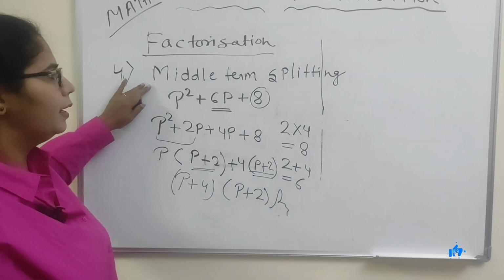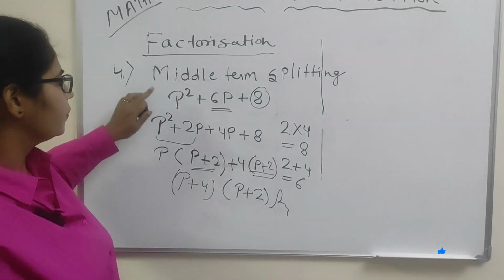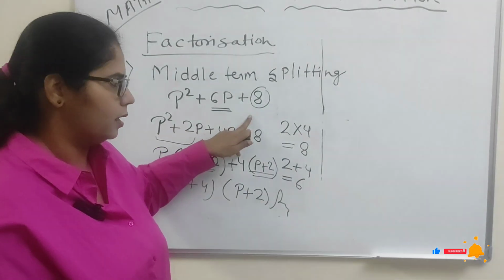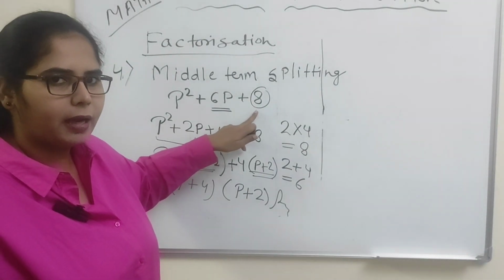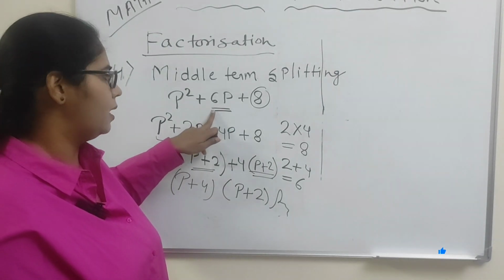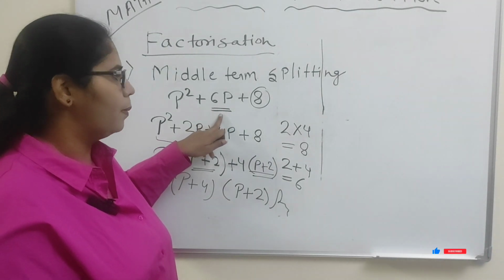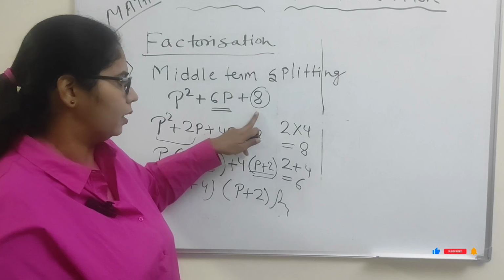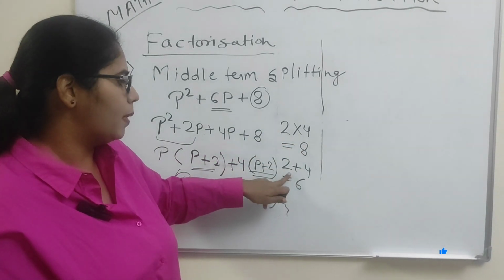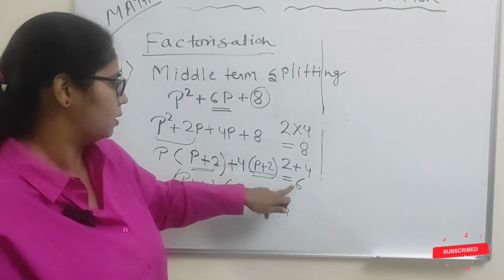Okay, one more time we will see. P square plus 6p plus 8. In this method you have to split the middle term so that when you add you get the middle term, and when you multiply you get the last term. So 2 into 4 gives me 8, and 2 plus 4 gives me 6.